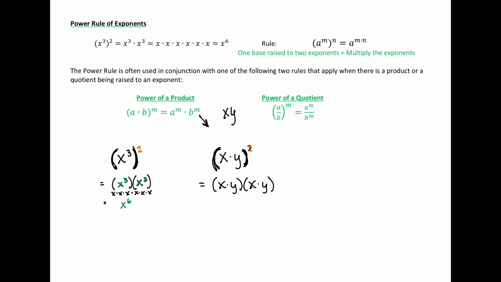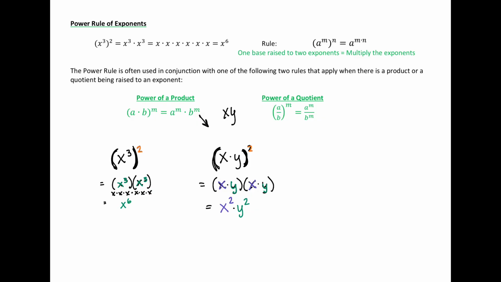Okay, let's keep going down here. Multiplying these now. So we have x times x gives me 2 x's multiplied together, or x squared. And y times y means 2 y's multiplied together, or y squared.